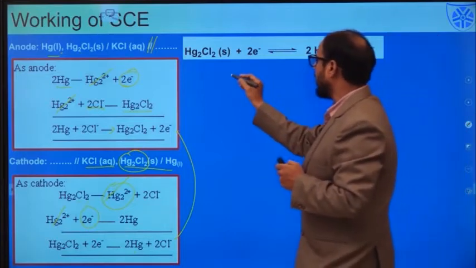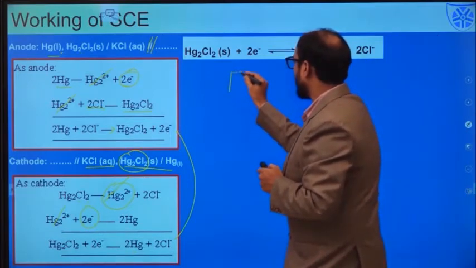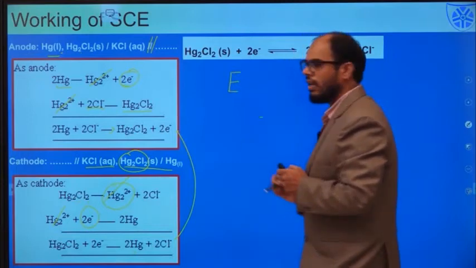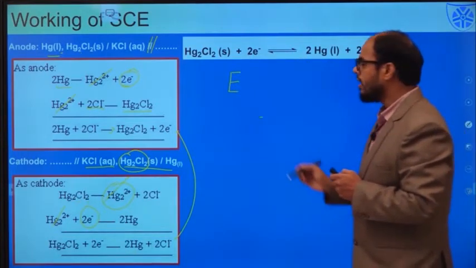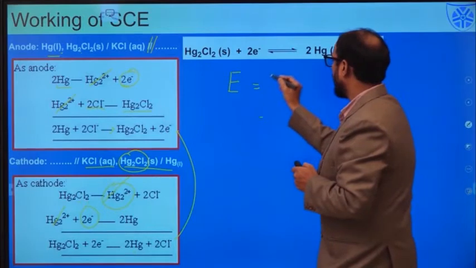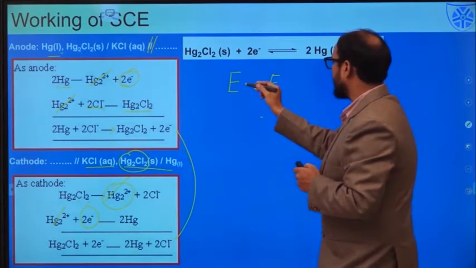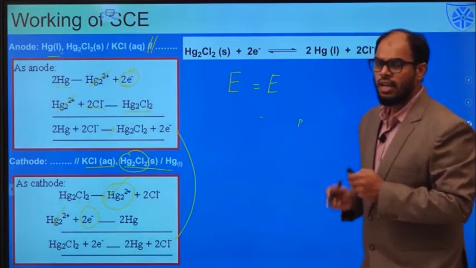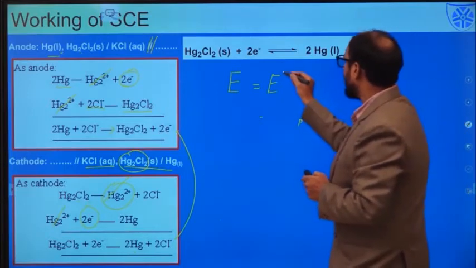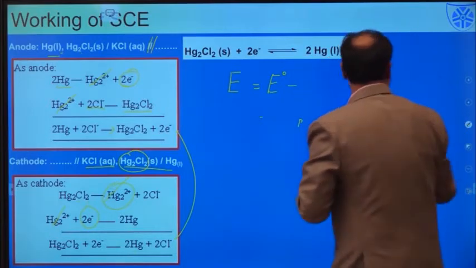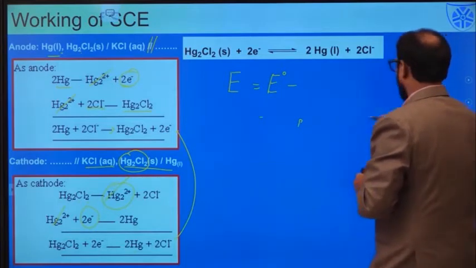We have seen in our previous lecture that the Nernst equation can be written by the formula E is equal to E naught minus 2.303 RT by nF log Qc, where E is the cell potential at a non-standard condition and E naught is the cell potential at a standard condition.